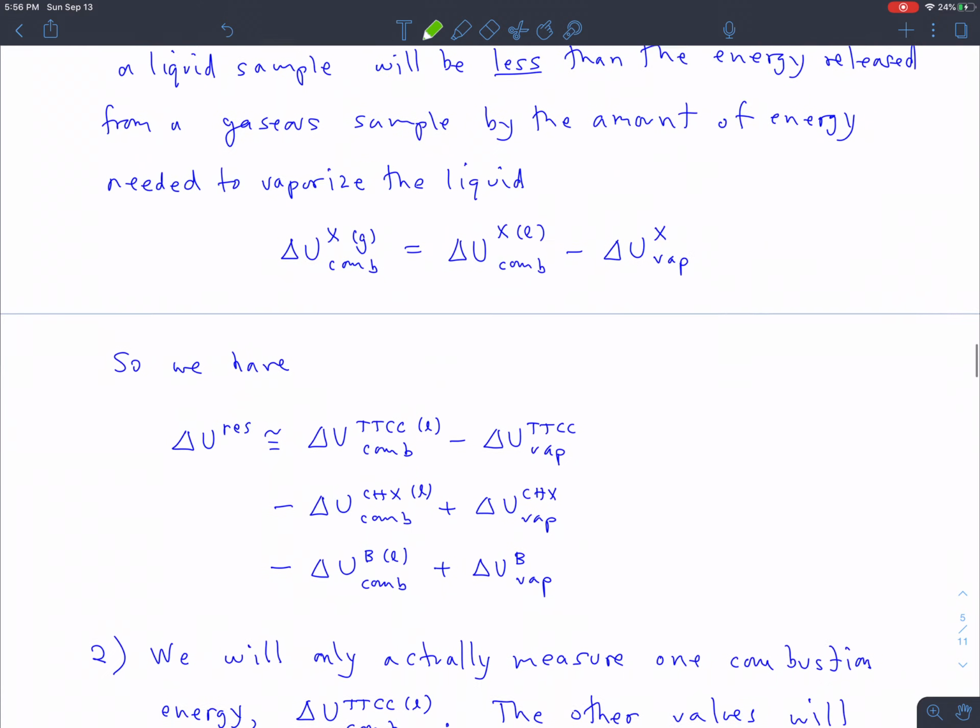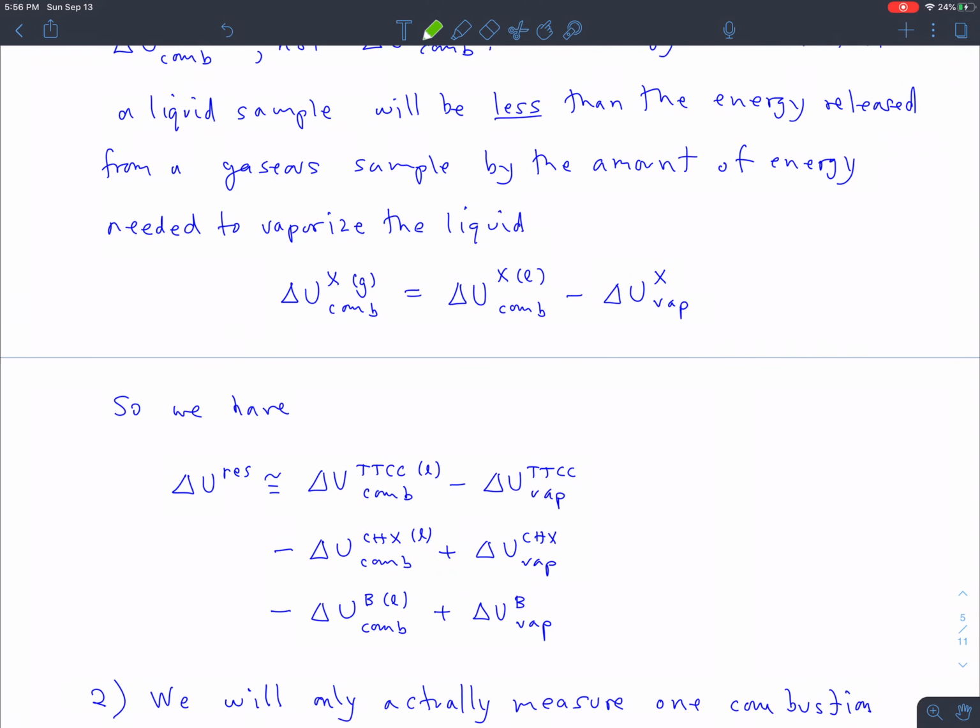All right, so in order to get the delta U for a gas phase molecule, we notice that by the same kind of thermodynamic logic, we can use the liquid phase combustion value, and then subtract the delta U for the vaporization. The idea is that if I burn some liquid and get CO2 plus water, that's the same thing as if I first vaporize the liquid to the gas phase and then burn it, right?